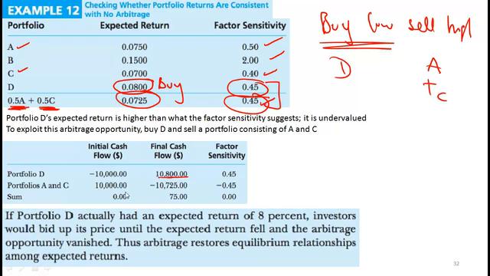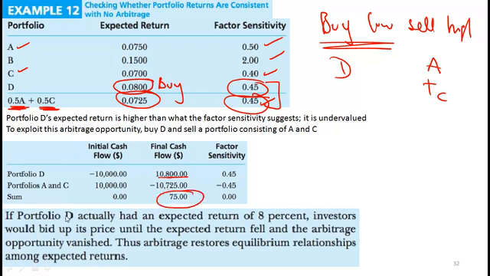And then what's the payoff later? Based on 7.25%, that's how much you have to pay at the end of the period. Your factor sensitivity, since you shorted, is minus. The factor sensitivities cancel each other out, and you made 75.